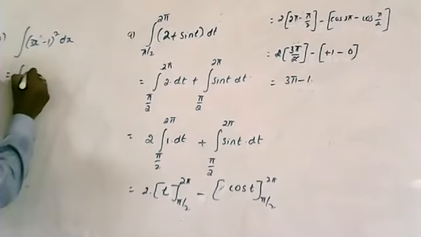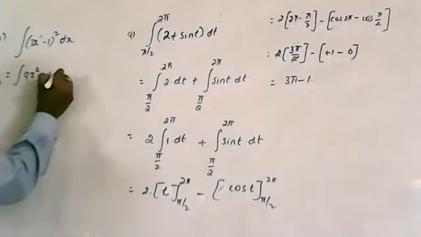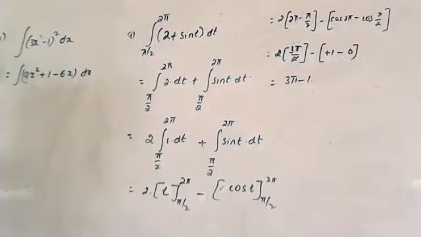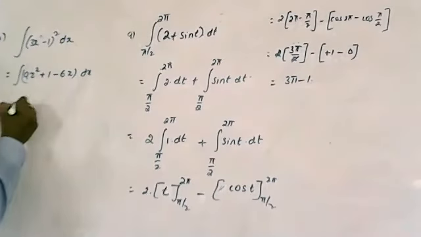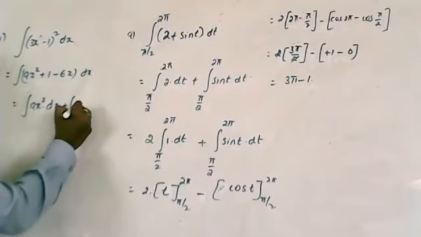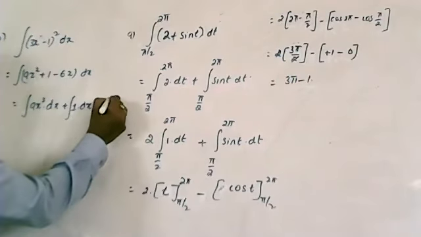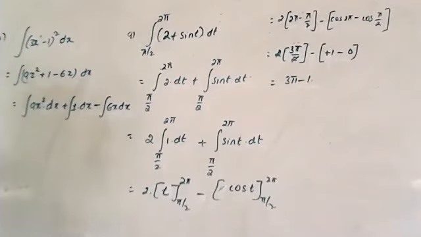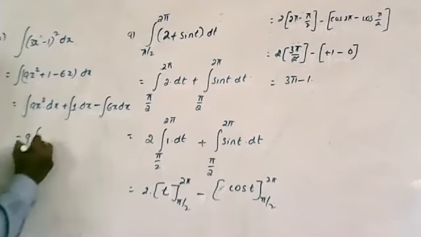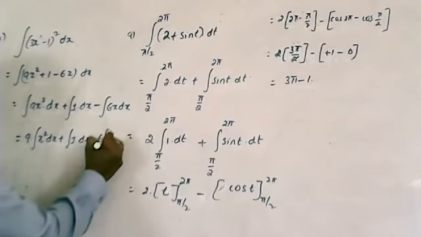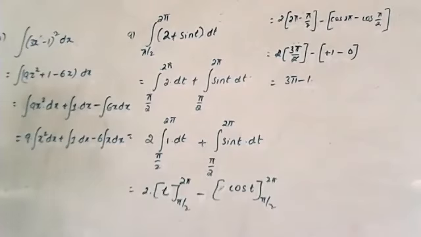Then integration of 9x square plus 1 minus 6x dx, that is integration of 9x square dx plus integration of 1 dx minus integration of 6x dx. I will write like this: 9 into integration of x square dx plus integration of 1 dx minus 6 into integration of x dx.